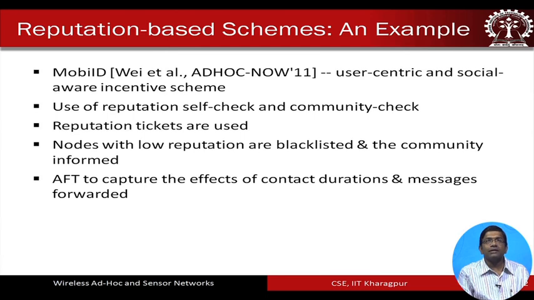That is how the reputation tickets are signed, that is the signing mechanism of the reputation tickets and so on. So nodes with low reputation are eventually blacklisted, and the community is informed. AFT stands for average forwarding time. The concept of calculation of AFT, average forwarding time, is used to capture the effects of contact durations and messages forwarded.